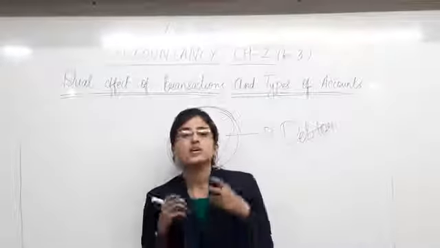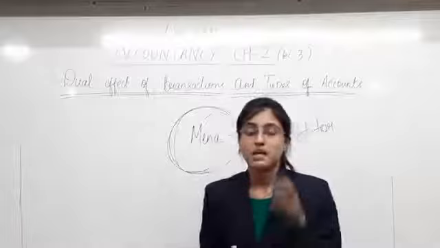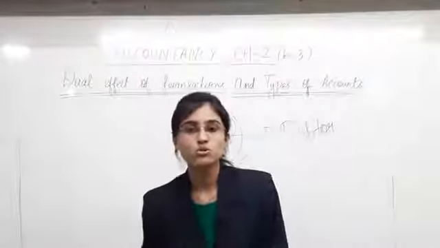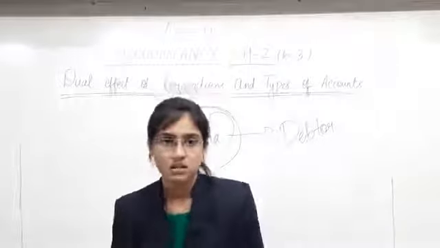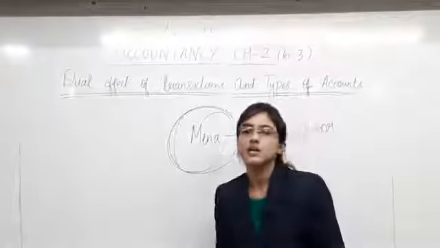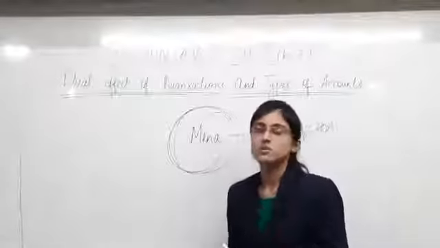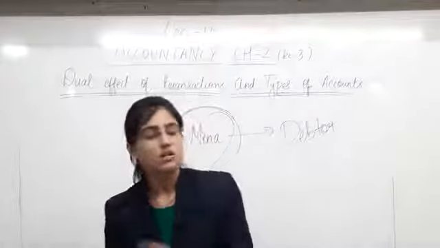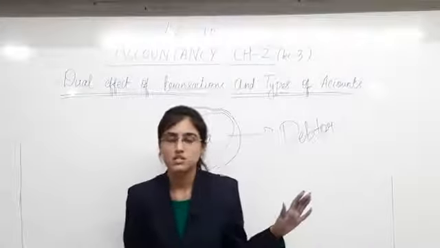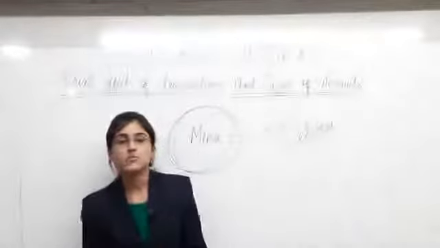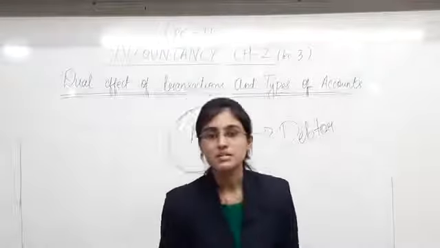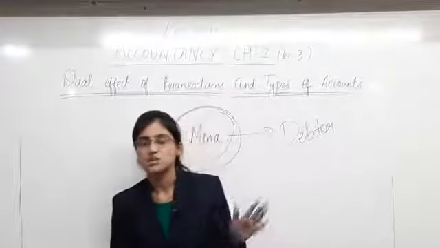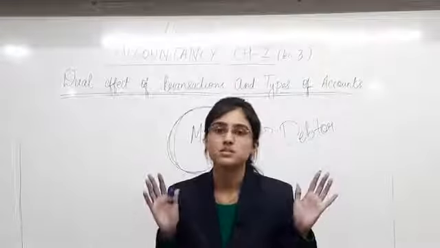But try to understand. It says that you have sold those goods for cash to Nutan. Whenever the word cash is mentioned, that is simply a cash transaction. Even if the name of the person is mentioned, it doesn't matter. It is a cash transaction for sure and 100%.